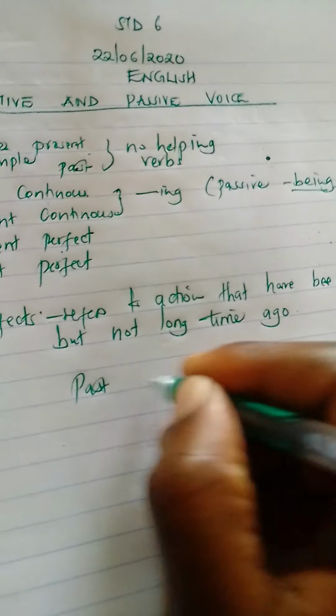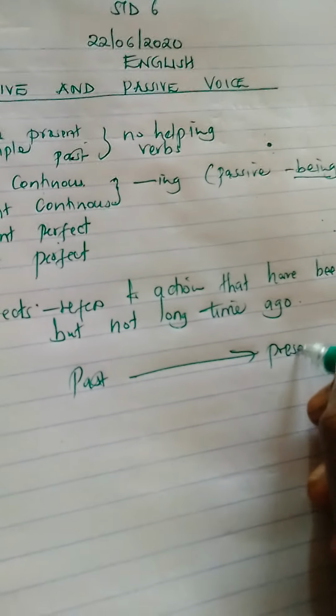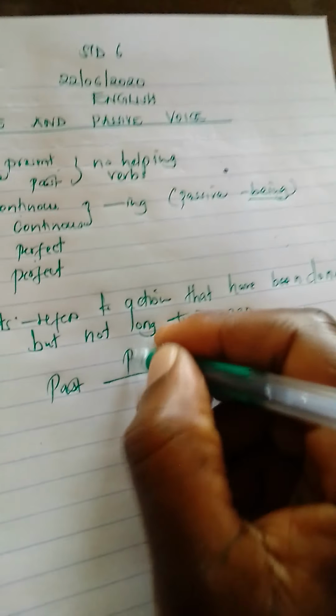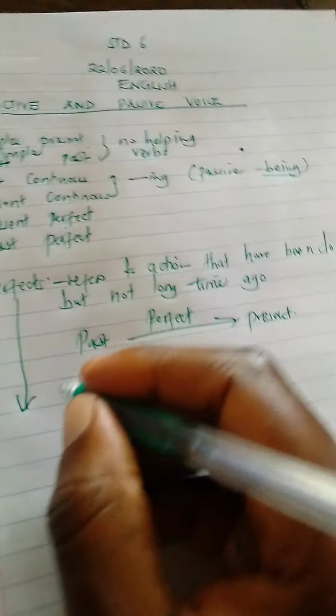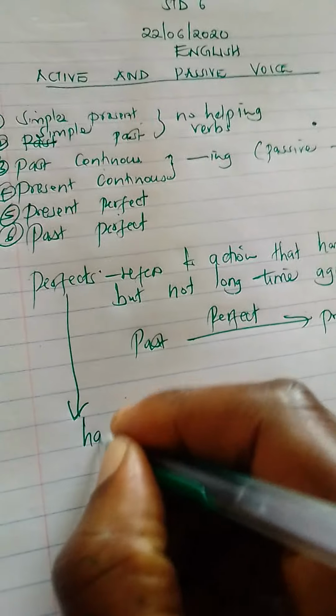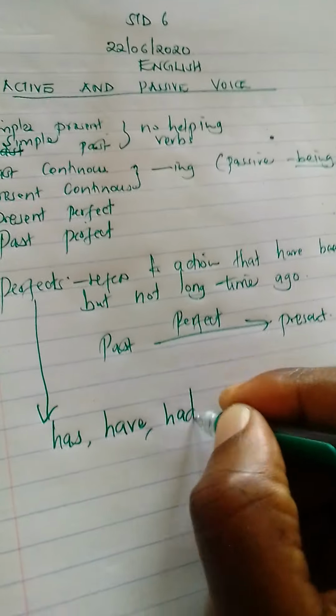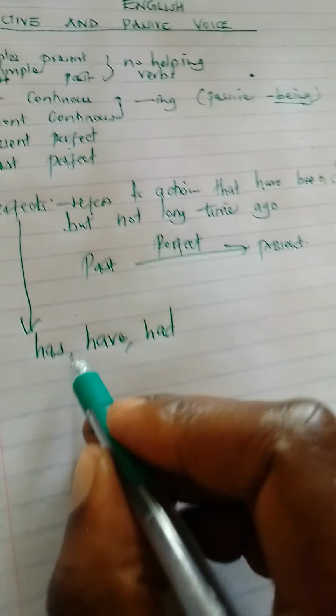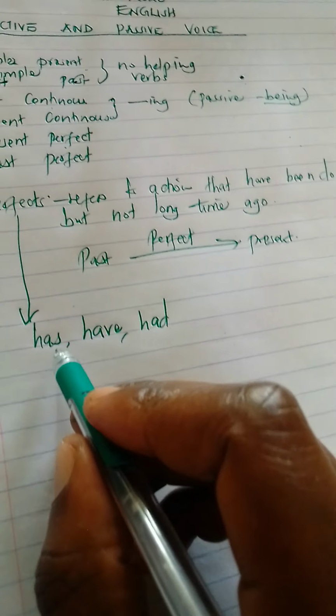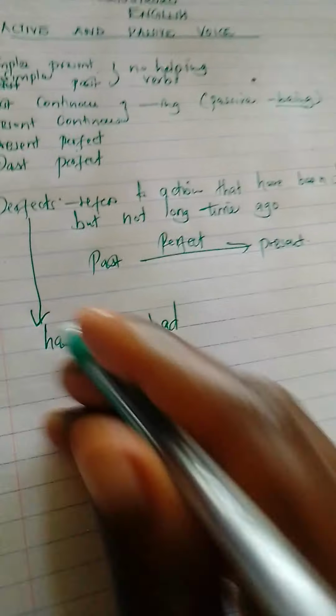Between past and present, in the middle here, we always have the perfect. And because of that, a perfect always uses three special helping verbs. These are has in singular, have in plural, and we have had. Don't worry, I'm going to categorically put these verbs in their respective places.